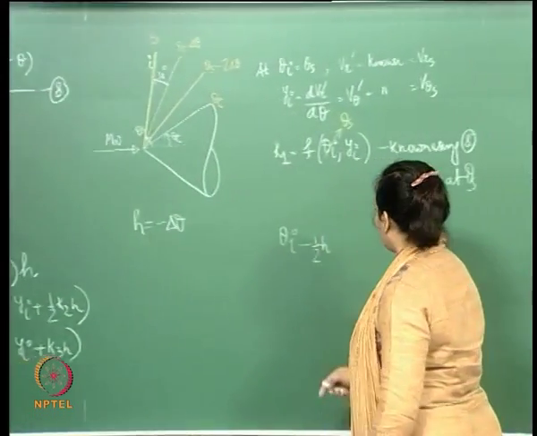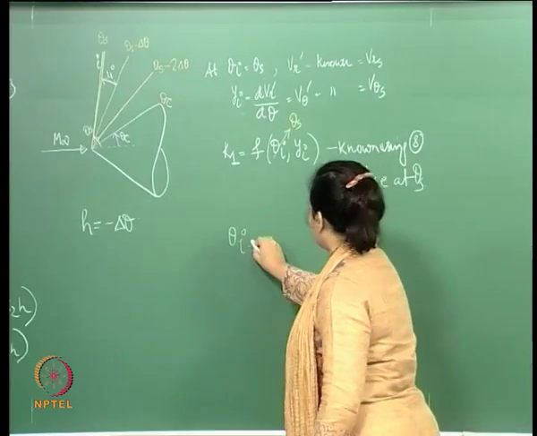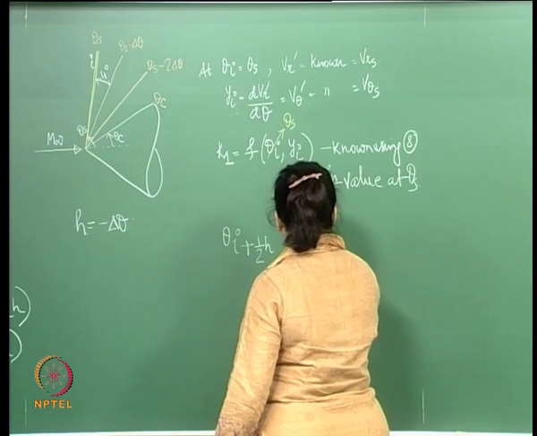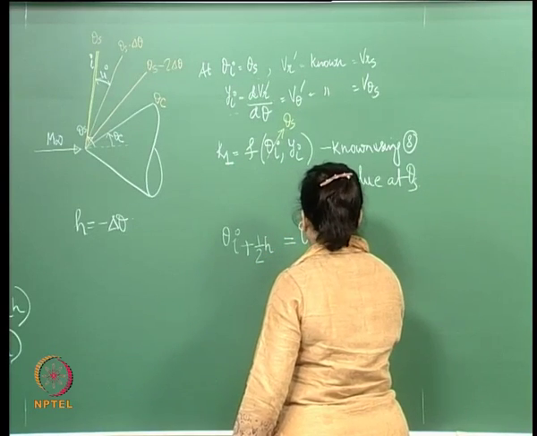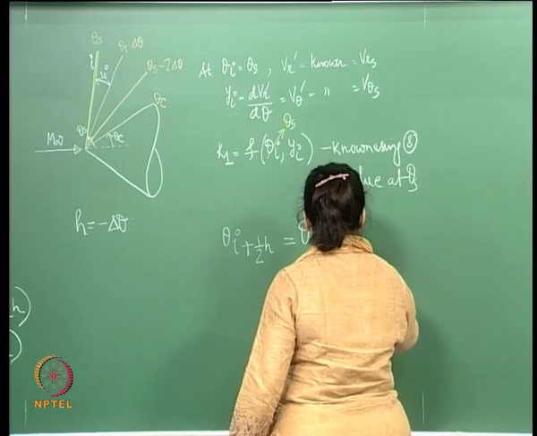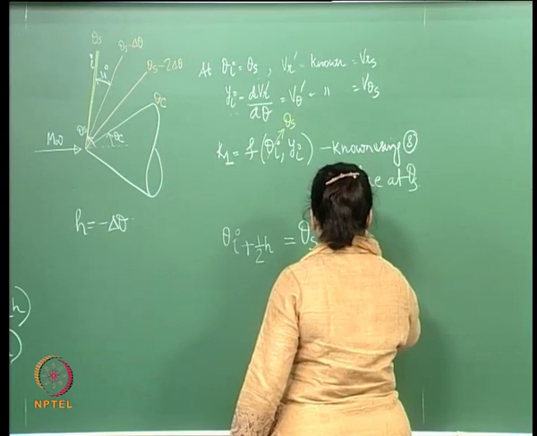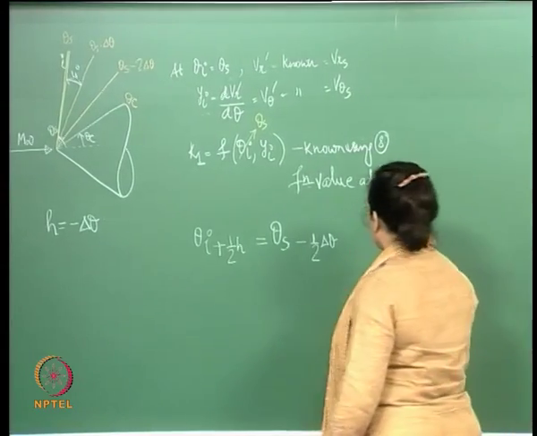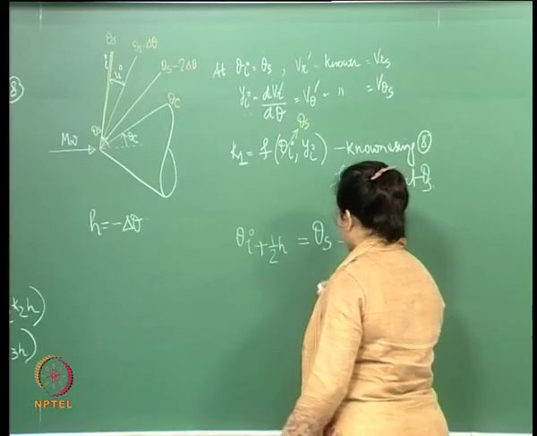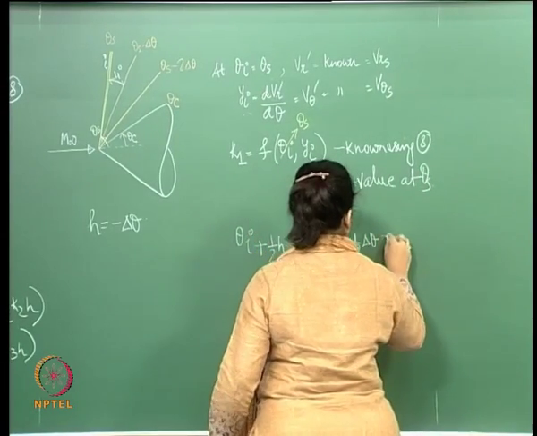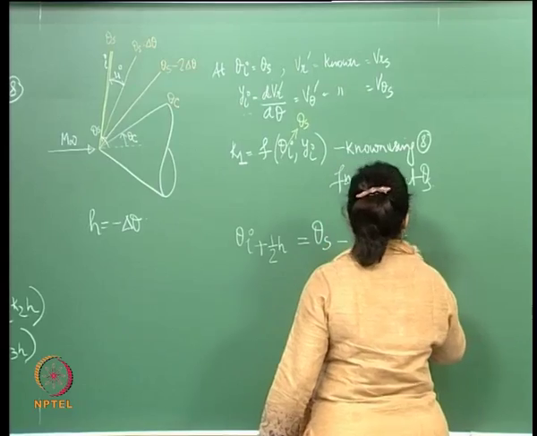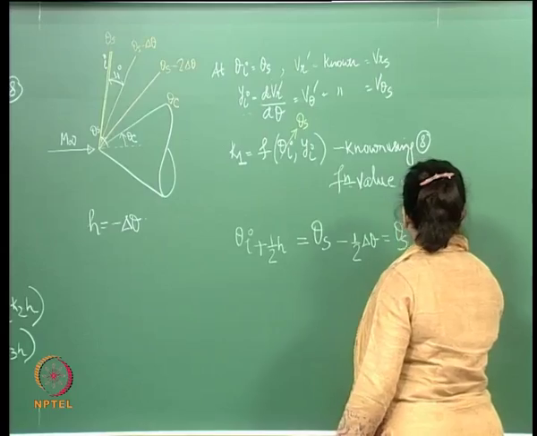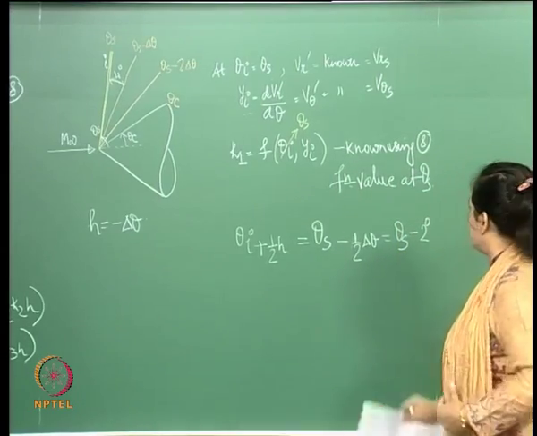For k2, we have i plus half h, right. So this is basically equal to theta s minus half of delta theta. Does that make sense? Which means theta s minus 2 degrees. Okay, theta s minus 2 degrees.